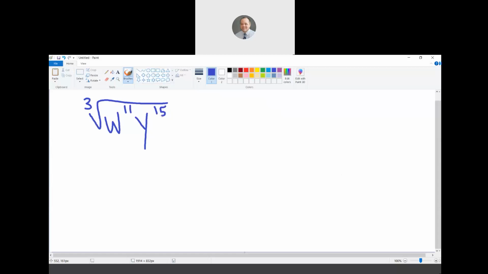Again, to simplify letters or variables, take your given root and divide it into the exponent. So for w, we'll divide 3 into 11. That will go 3 times with a remainder of 2.